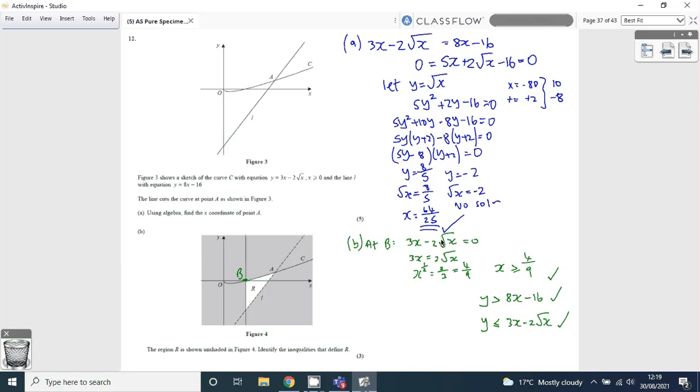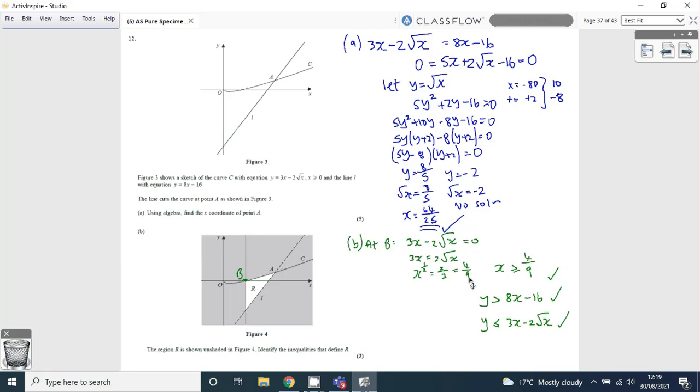And then for the third inequality, I need to work out the point B. Now this is where the curve equals 0. So 3x minus 2 root x equals 0. So 3x equals 2 root x. So x to the power of a half equals 2/3. So yes, I shouldn't have said equals 4/9 here.